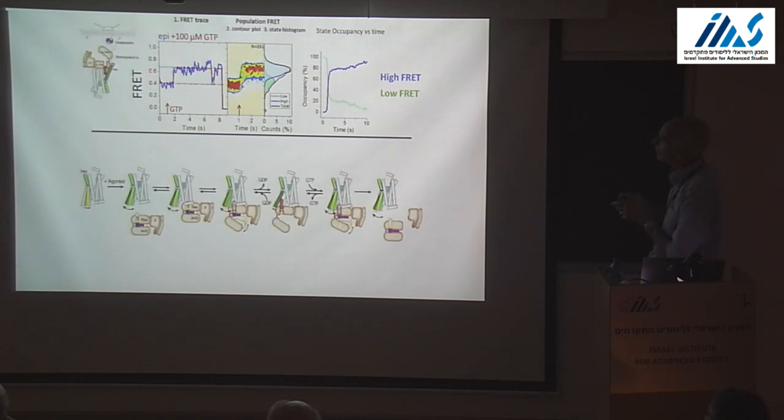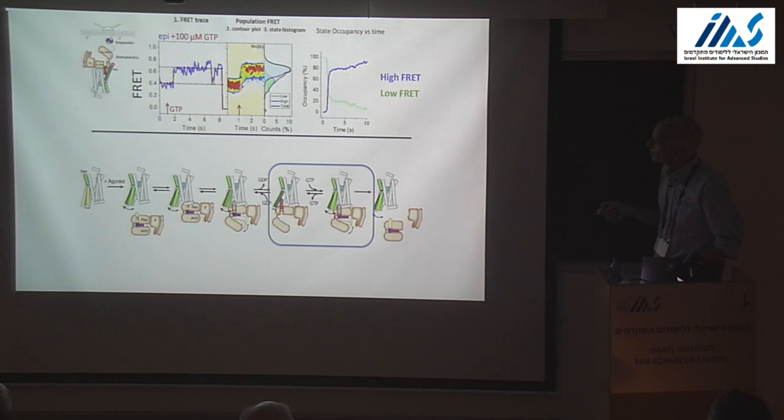And we add, at this point, GTP. And you can see immediately it goes to higher FRET, but it's still visible. That means it's still coupled to the G protein. So we have some receptor that is clearly structurally different because the FRET state is different, but it's still coupled to the G protein. So this was a state that we didn't see before.